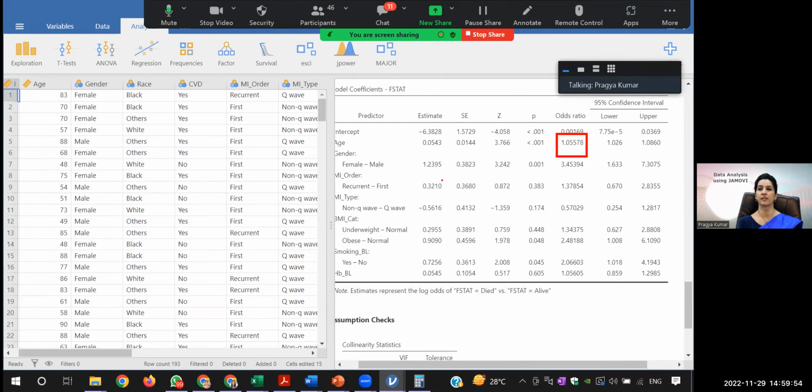Similarly, if it is 3 years, then you will multiply 1.05 into 1.05 into 1.05. You will not do 3 into 1.05. So 1 year is okay, but for 2-3 years, yes, Ria is writing exponential increase in odds. So for 2 years, you will do 1.05 with exponent 2. So that's the exponential increase of odds.